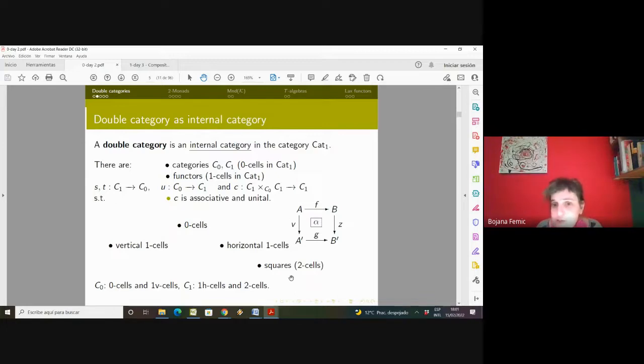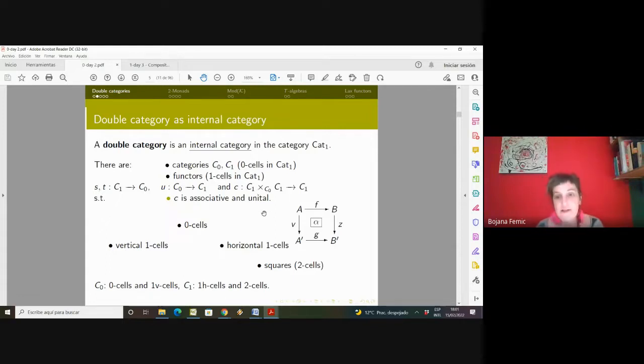Okay, so it only speaks actually about the composition of the vertical cells. But if you look at the category C1, where morphisms are squares, then they can also compose vertically, just from the ordinary composition in the category C1, where the functor C gives the horizontal composition.